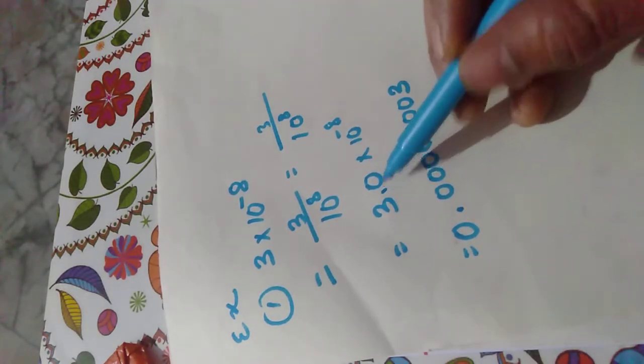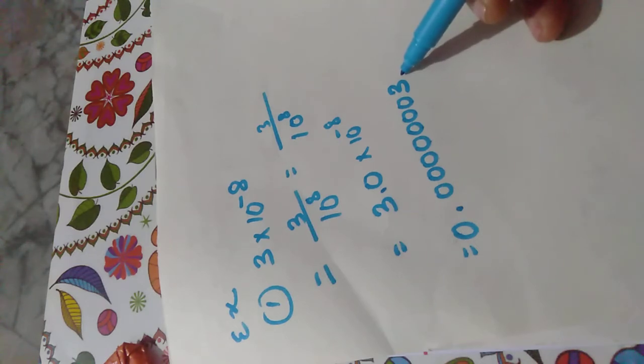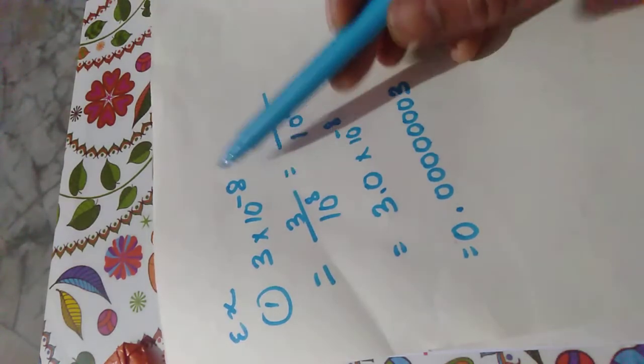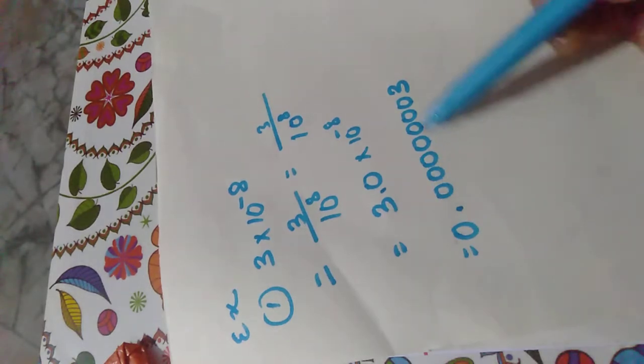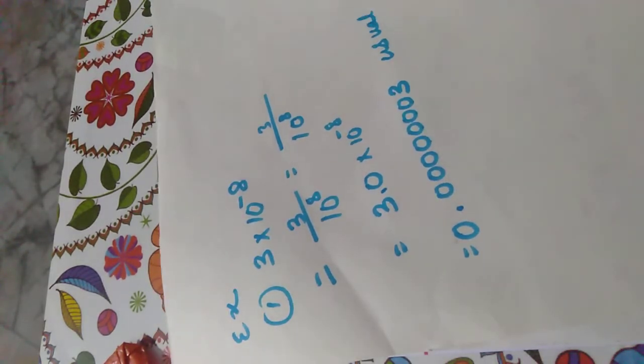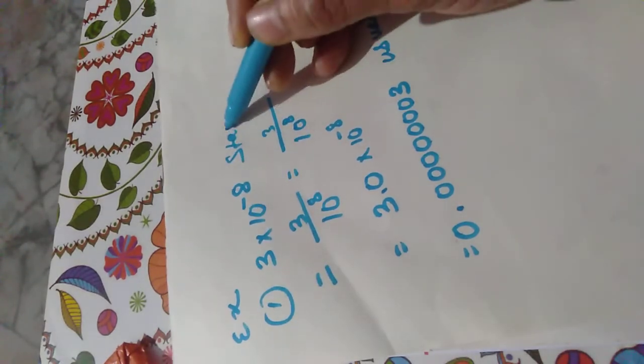The decimal point which was after this 3 is now shifted towards the left when the power is negative. So this is the usual form, and this is the standard form.